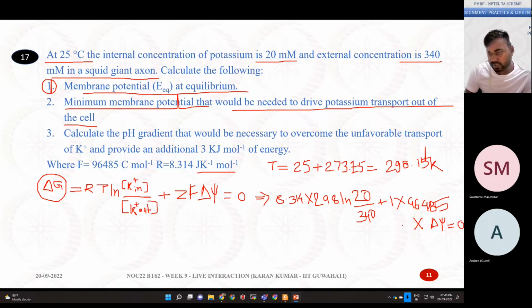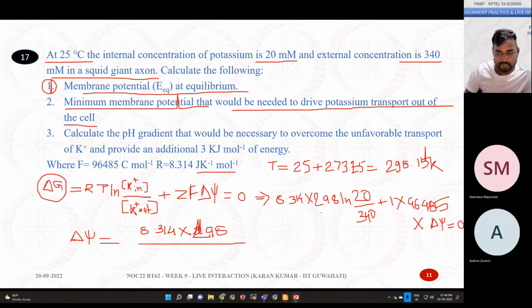Now you keep the right-hand side, so it will give you delta psi is equal to, I will just keep the shortcut, 8.314 into 298 divided by 1 into 96485 into ln.